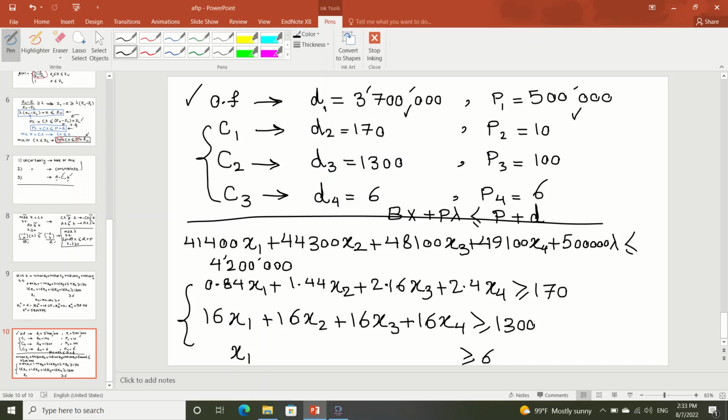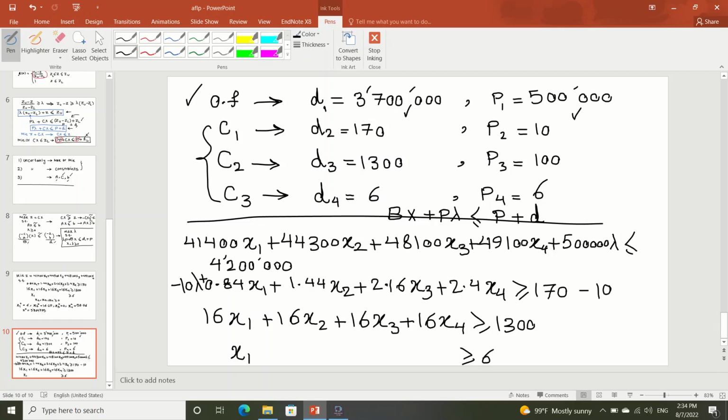Okay, so I can add the negative 10 multiply lambda plus the expression is greater than the right-hand side 170 minus the p2.